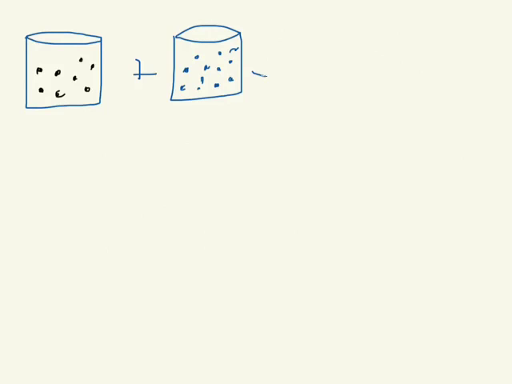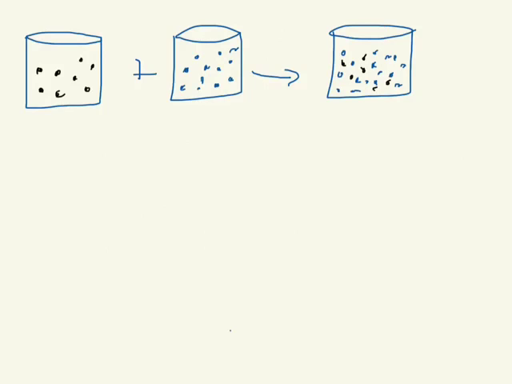Those two things combined create our solution. So there's all the H2O, and I'm going to add the black salt molecules. That's probably more than 8. Oh well. There's our solution.